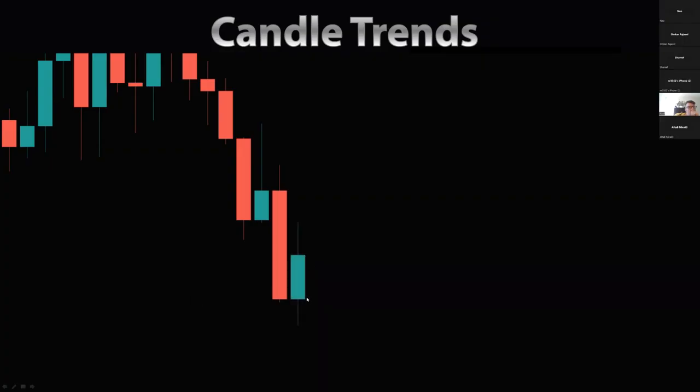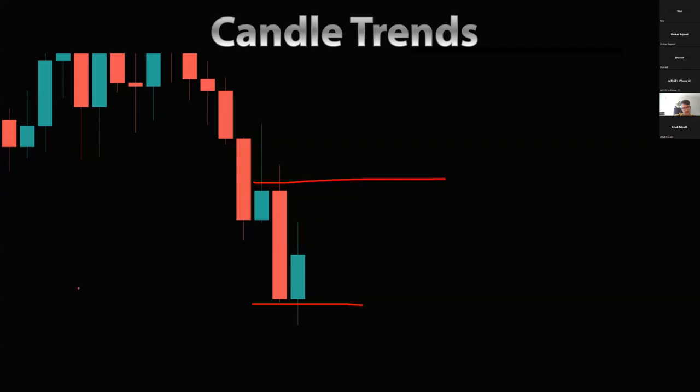Now we have a bullish candle forming right over here. So we have support, and we have resistance right here.